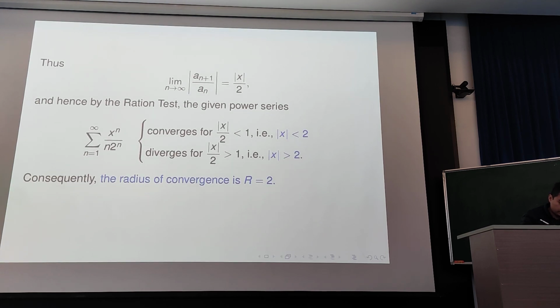You can see here, with the fixed value of x, if this limit is less than 1, then this series converges. Right? That is the conclusion in the ratio test, and it diverges for the value of the limit greater than 1. So you see that we already find the radius of convergence, right?